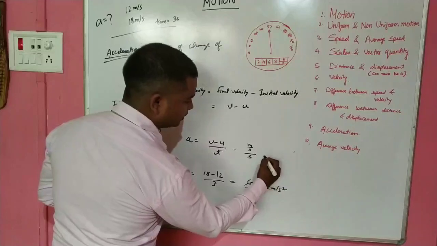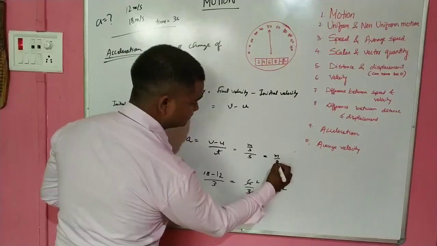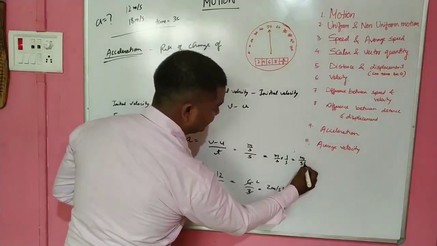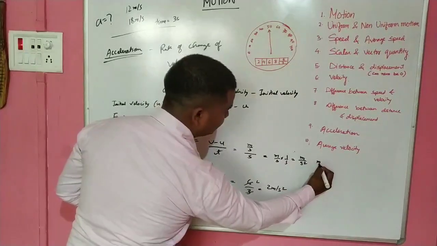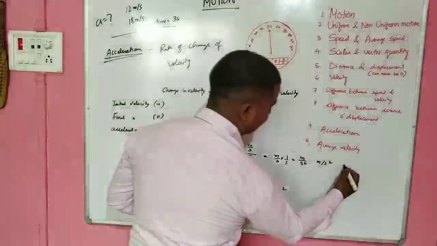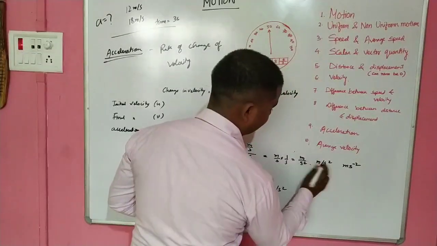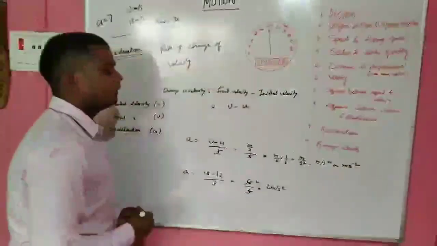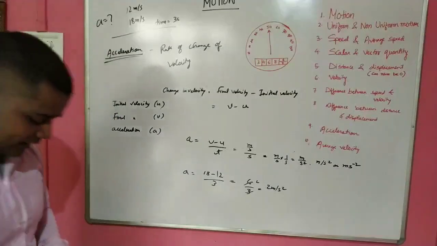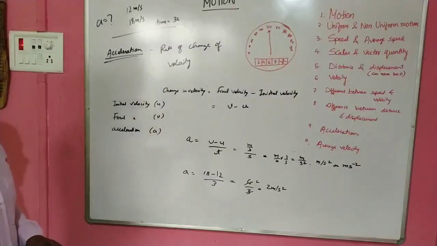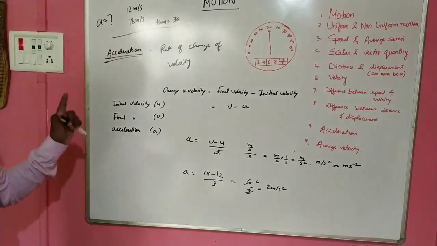So, if we solve this, what we get? Meter by second square. Or we can write it as meter per second square. Or we can also write it as meter second minus 2. Is that clear? So, in 1 mark, you may also get this question: what is the unit of acceleration? It is meter per second square.